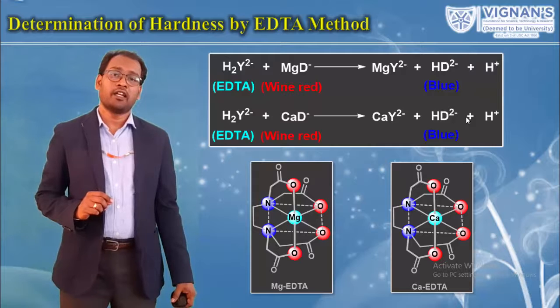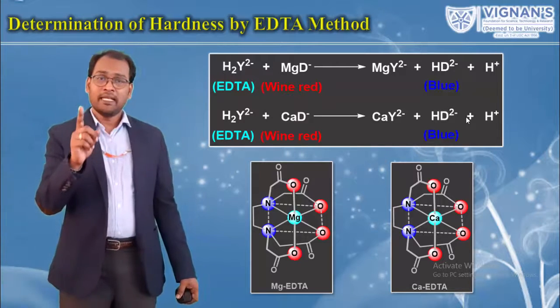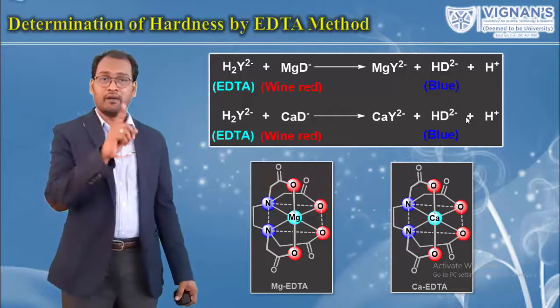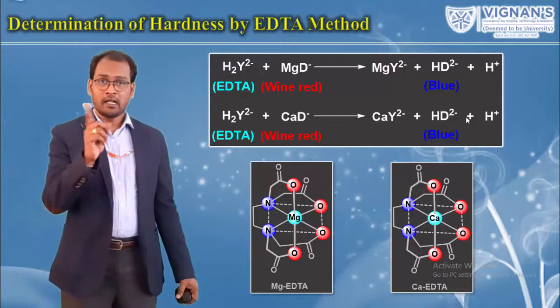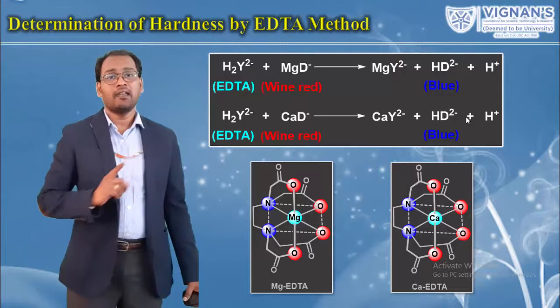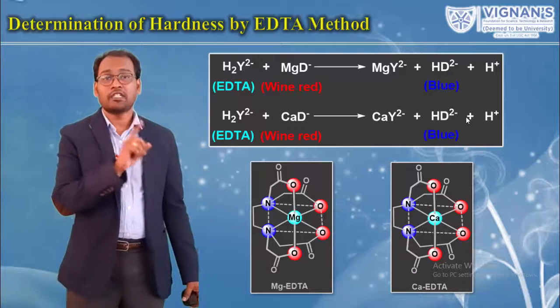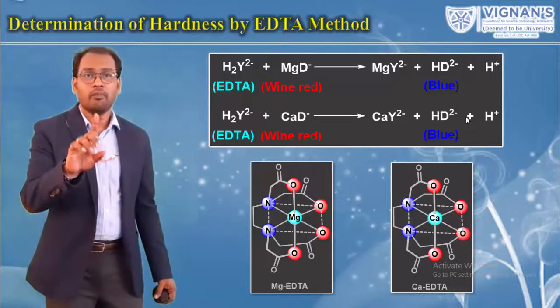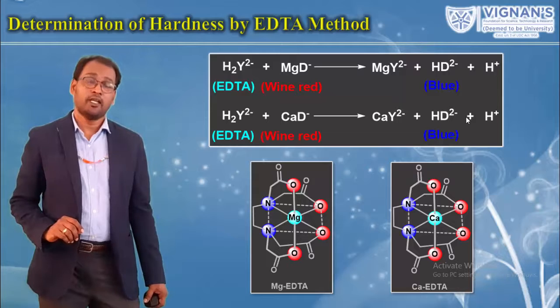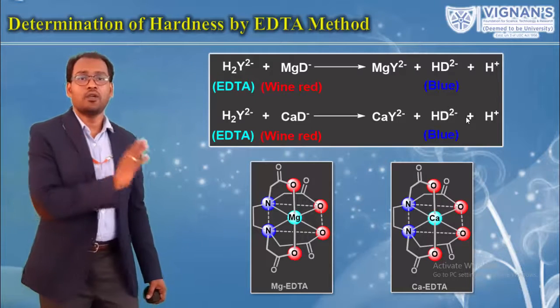So during this titration, the complex formed by metal EBT comes in contact with EDTA, which replaces the EBT. The color of that EDTA complex will be colorless, but the free EBT which has been liberated will be blue in color. So we will observe a color change from wine red to blue.